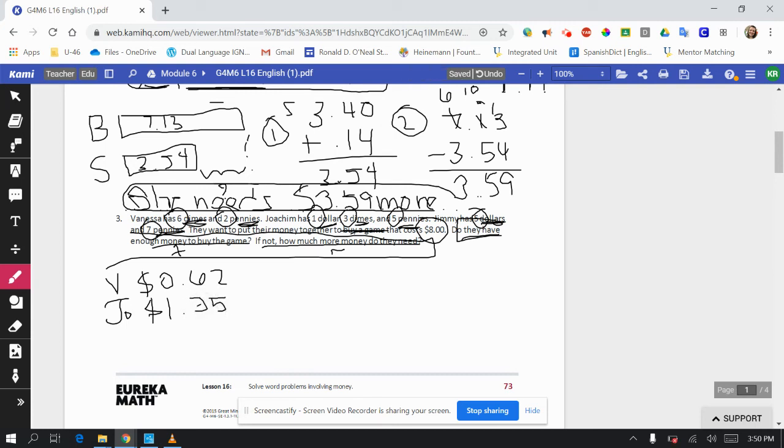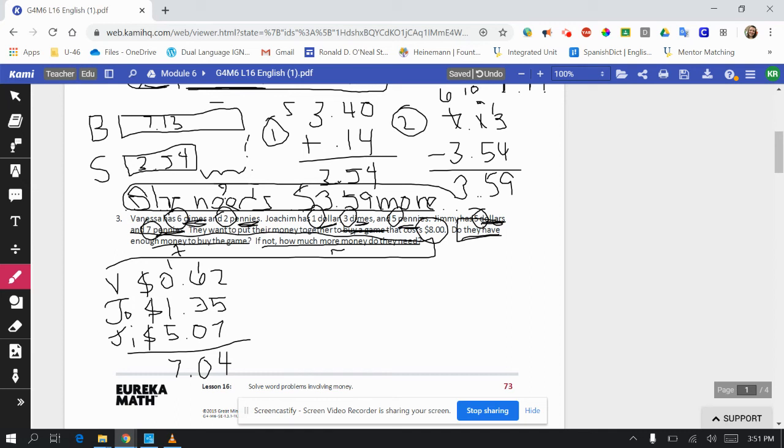All right, and then Jimmy, J-I, has $5 and 7 pennies. So 2 plus 5 plus 7 is 14. 1 plus 6 is 7 plus 3 is 10. That would be 7. So they have $7.04.